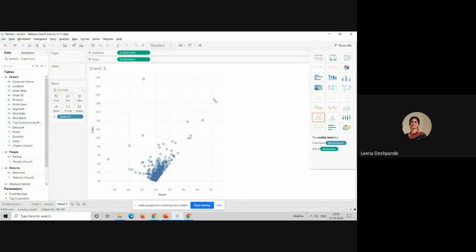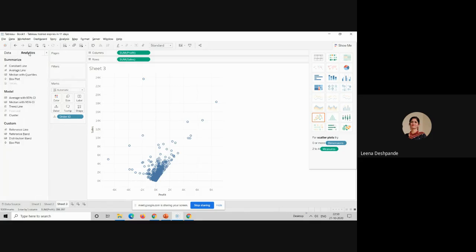Based on order ID, I can plot a graph. This is just a scatter plot where I am seeing the different products and the profit with respect to the sales on the x-axis. From this graph, at least you can find some pattern, and that pattern is following a linear pattern. So you are going to get a good fit line, but let us see what analysis we can do with this.